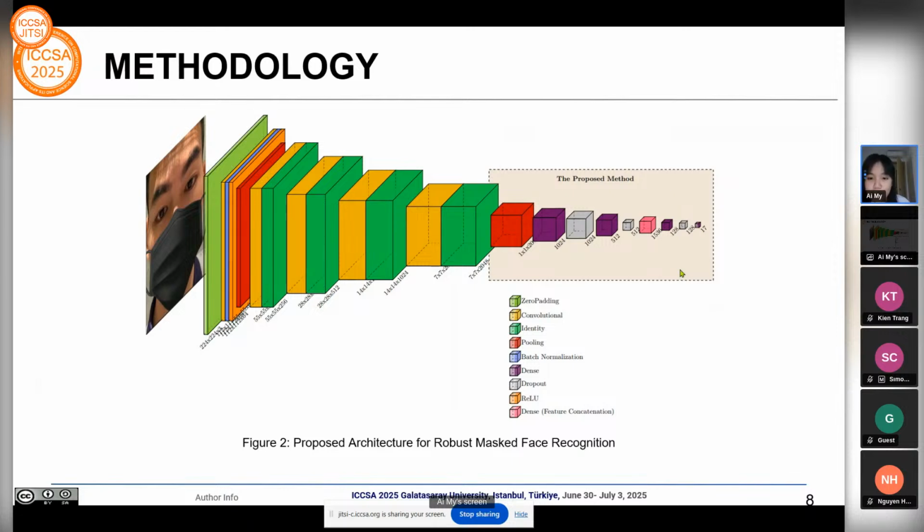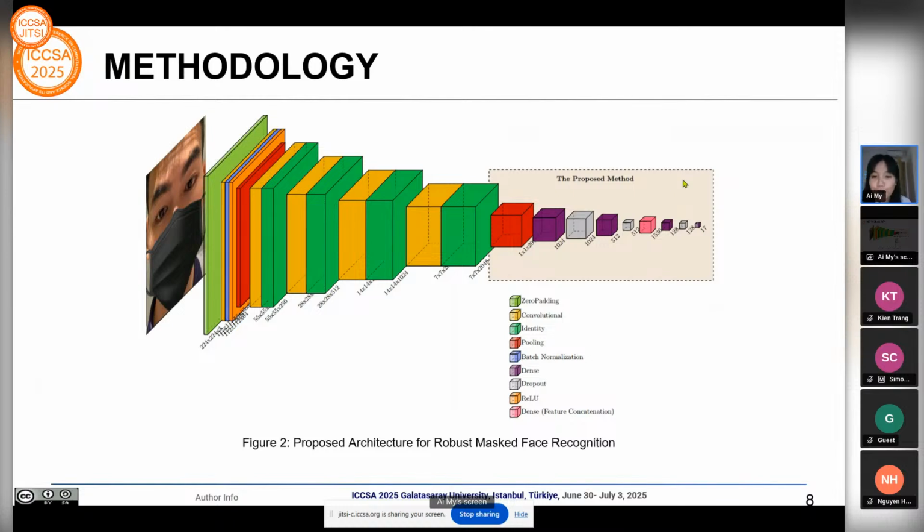Importantly, we freeze the ResNet50 layers to preserve this prior knowledge and prevent overfitting during our training process. What truly sets our method apart is the custom classification head, highlighted in the dotted box labeled the proposed method. This is the part we designed specifically for robust recognition in the presence of face masks.